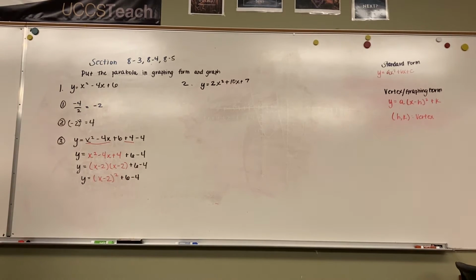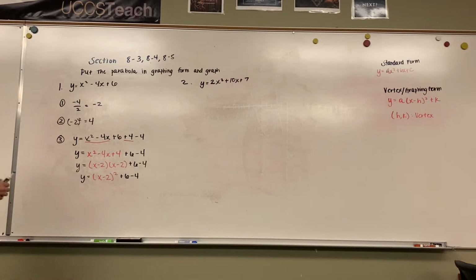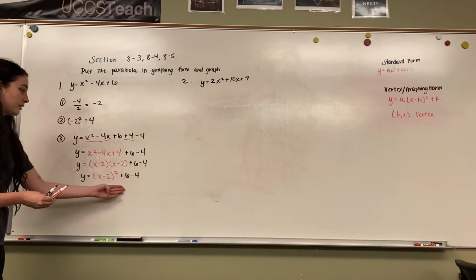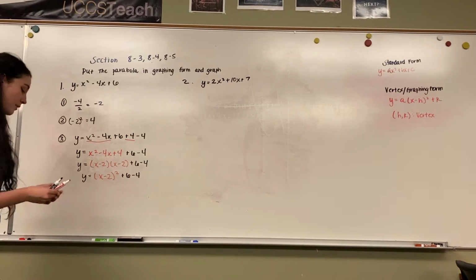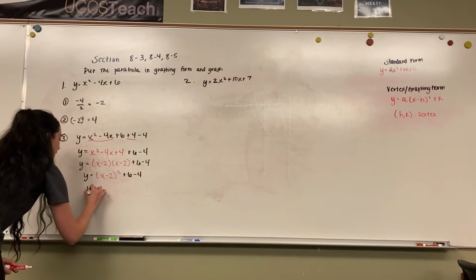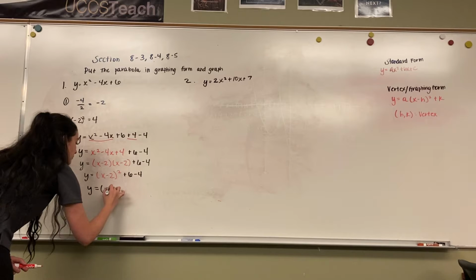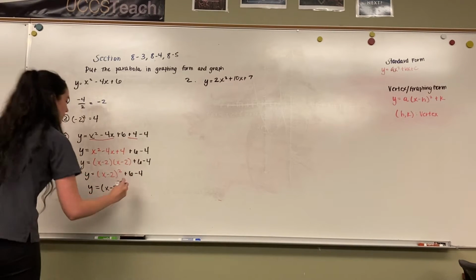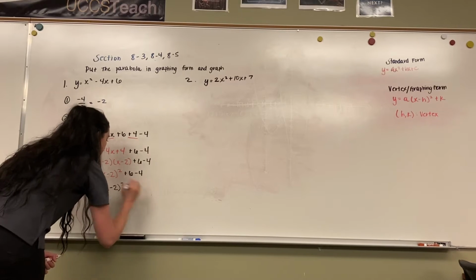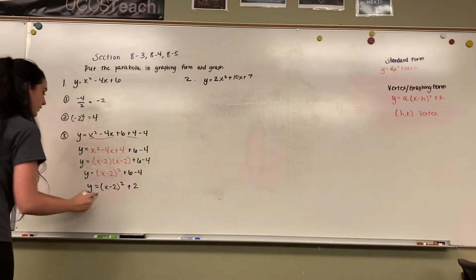Okie dokie. So, notice all we have to do, because it looks like we're pretty darn close to vertex graphing form, we just need to simplify plus 6 minus 4. So we get y equals x minus 2 squared. And then what's 6 minus 4? That's 2, plus 2. And look, our a is just 1.